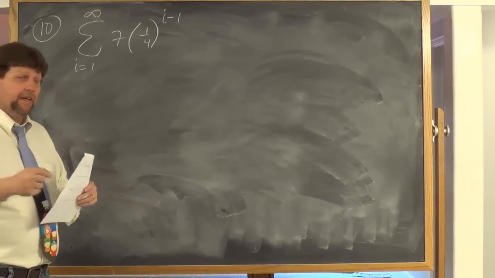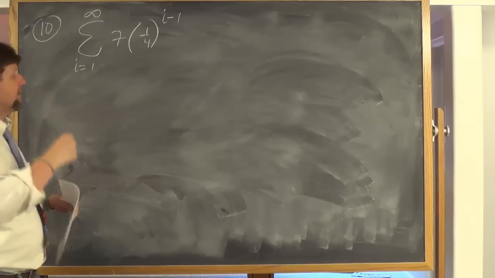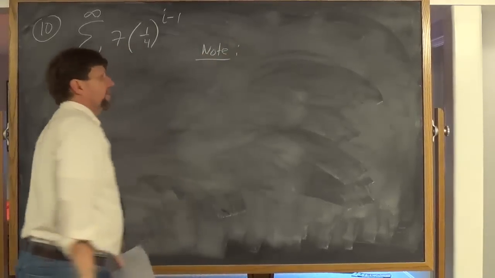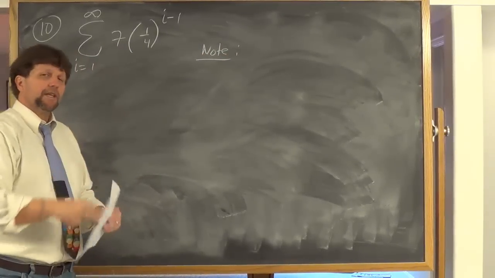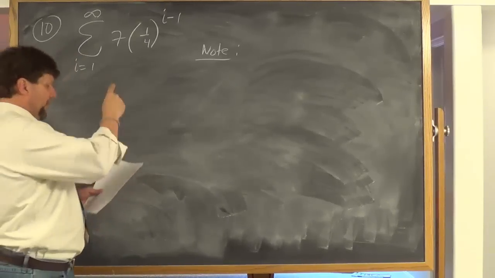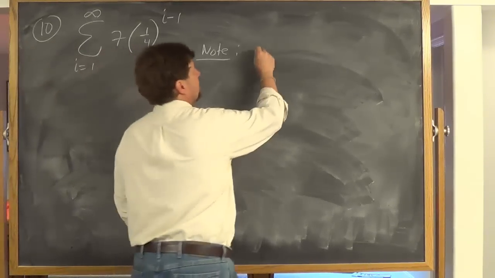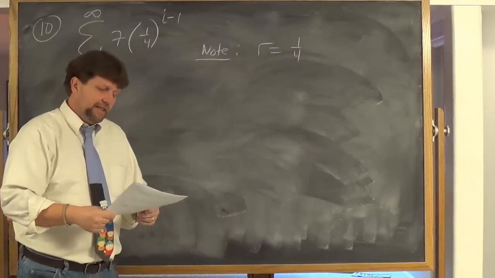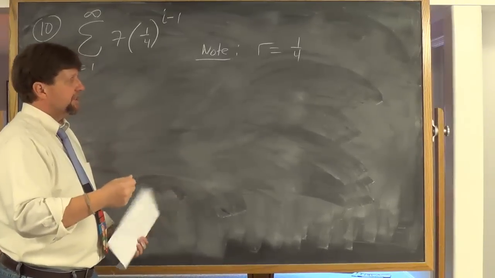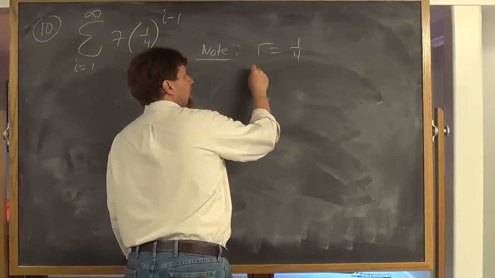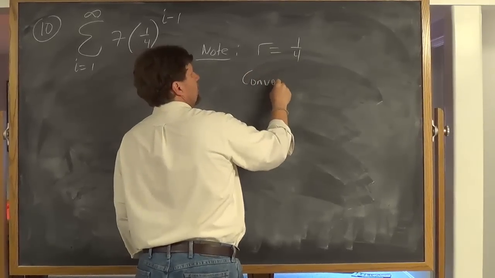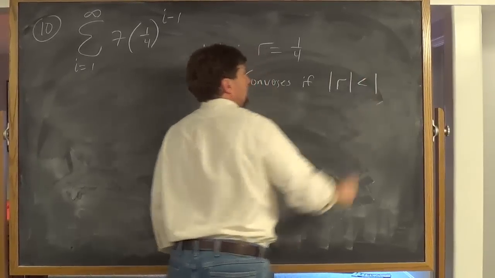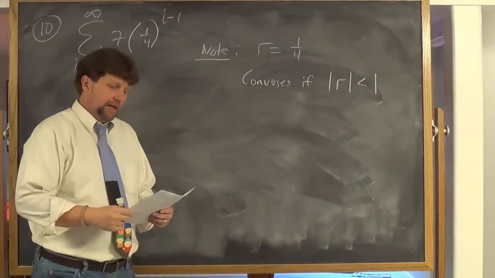So here's how I know that it converges. I make some observations or notes. First thing I note, and it's the most important thing, is the common ratio r. Here the common ratio r is 1/4. What you should have seen in your text is that a geometric series will converge if the absolute value of r is less than 1.